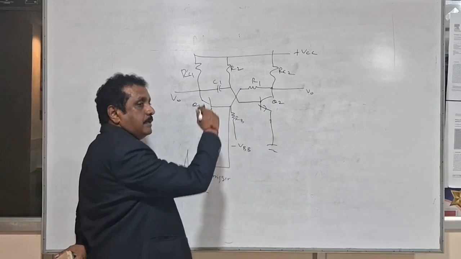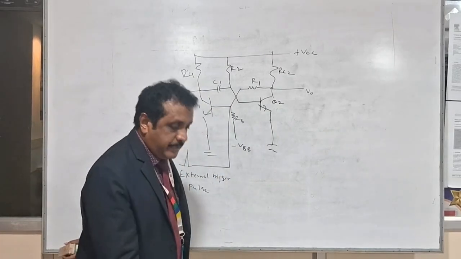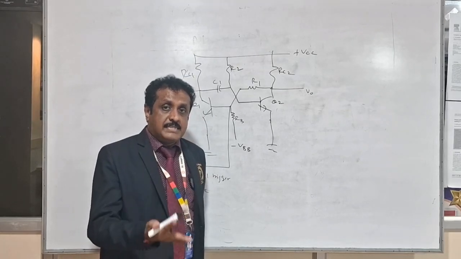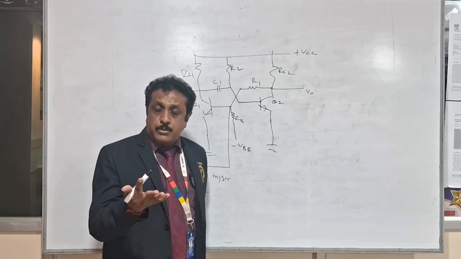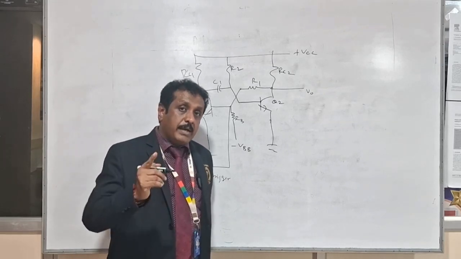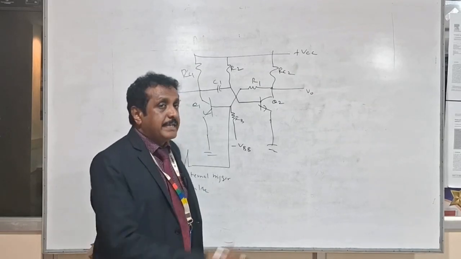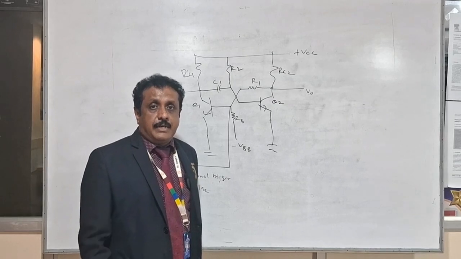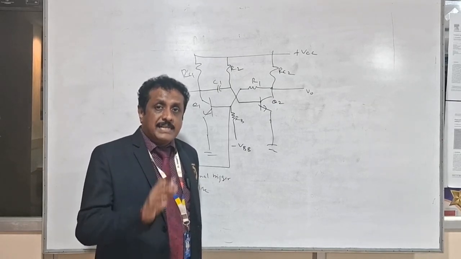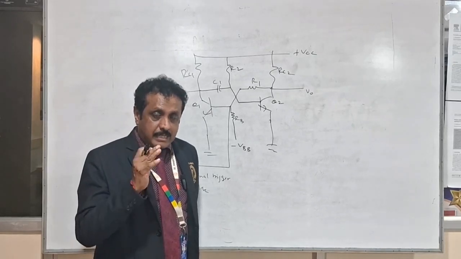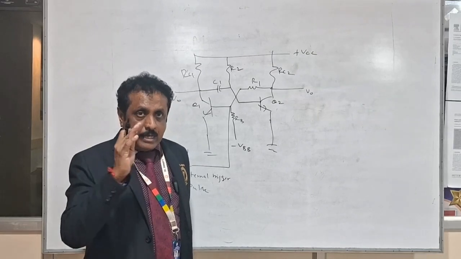When the supply is given in astable multivibrator, we don't know the initial state of both transistors. Due to the imbalance of the circuit, one will be driven into saturation and the other into cutoff. But here we know the state. As soon as the supply is given, one transistor, Q1 or Q2, is on and the other is off.